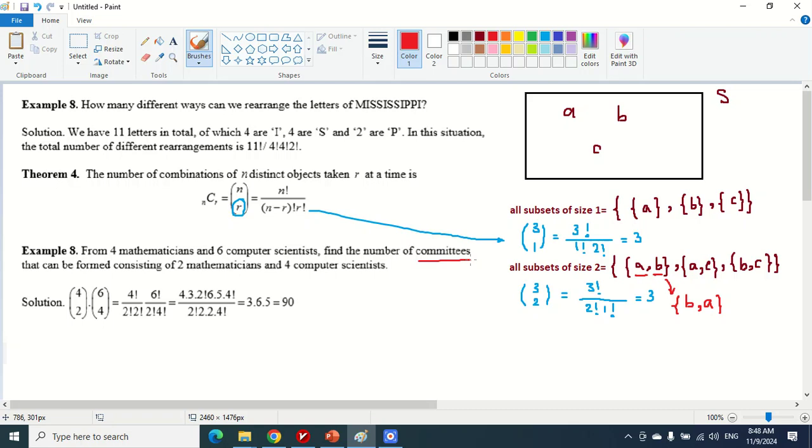The important thing is the committee, the group of people. So when we use words like committees, group of people, or set, then we should use the combination. As you can see, we choose 2 persons out of 4 mathematicians and 4 computer scientists out of 6, and the result is equal to 90.